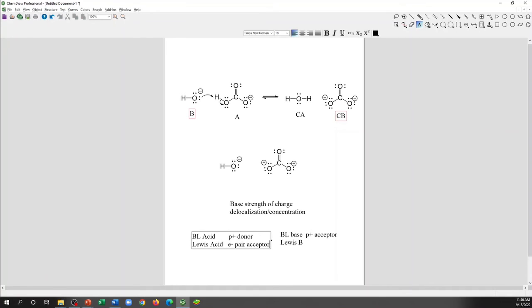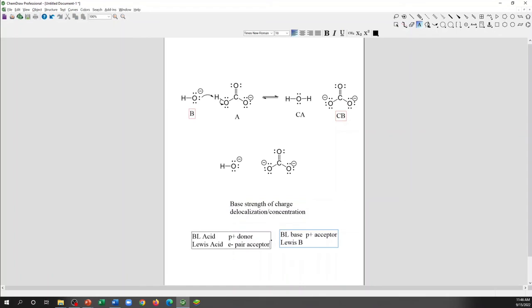So all Lewis did was give us a definition for an acid that was based on thinking about the movement of electrons. Something that is a proton donor, such as bicarbonate, is donating that proton because, from the perspective of organic chemistry, it's accepting a pair of electrons from a different ion or molecule.